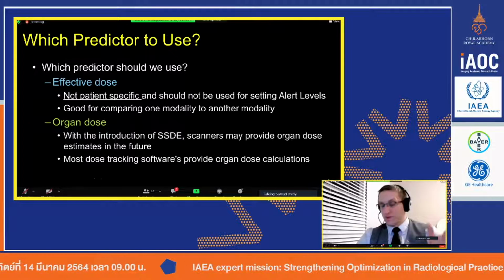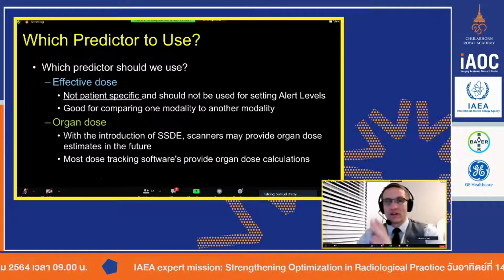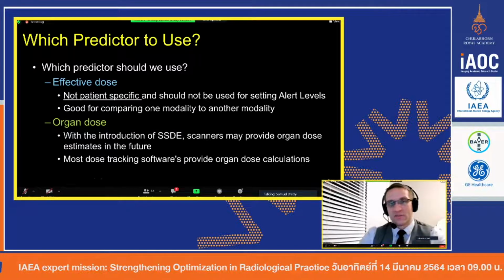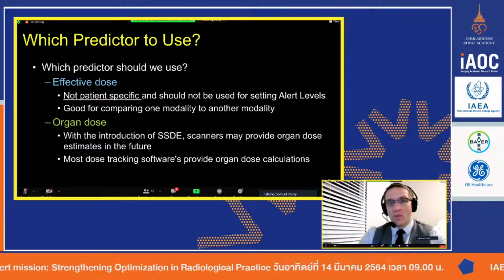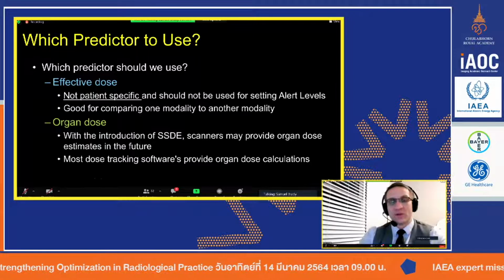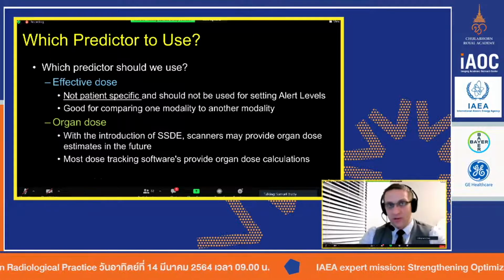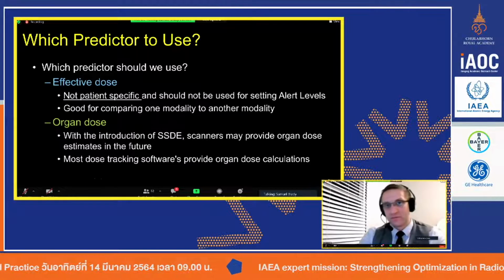And that, once again, is its own talk, and I won't get into this, but we always talk about what is the risk to the patient when it comes to CT scanning. We don't know what the risk is because we don't actually have patient data. We have machine output data, volume CTDI, DLP.